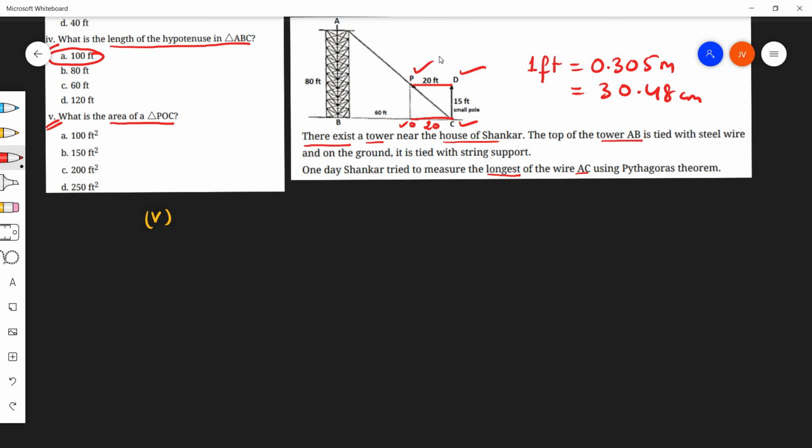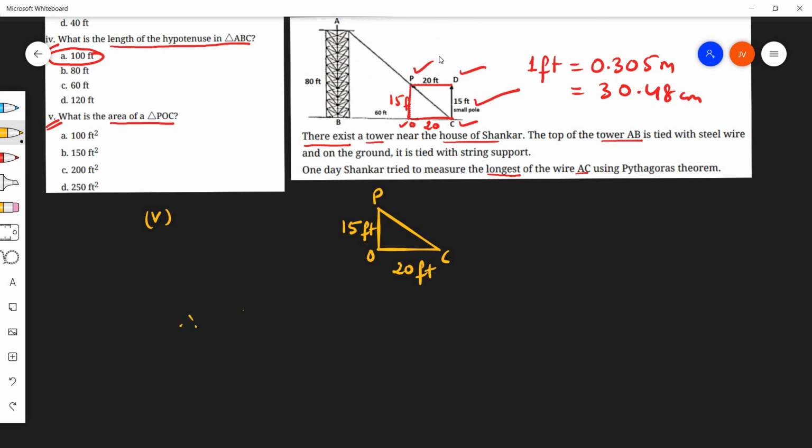Similarly, DC is 15 feet, so PO is also 15 feet. Let me draw the small triangle here. Triangle POC, and from the diagram we understand that PO is 15 feet and OC is equal to PD, which is 20 feet.